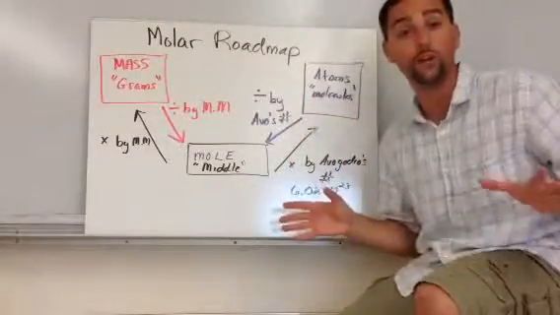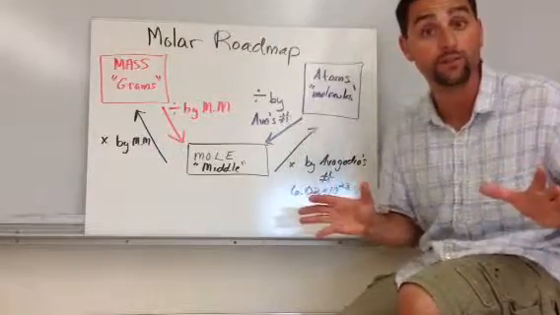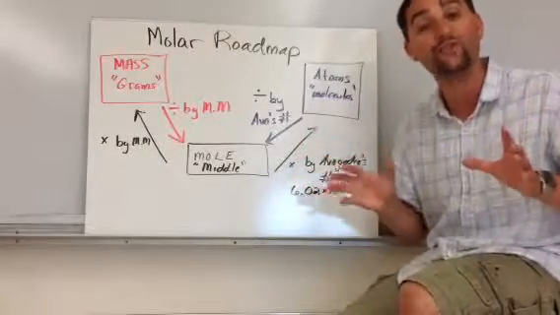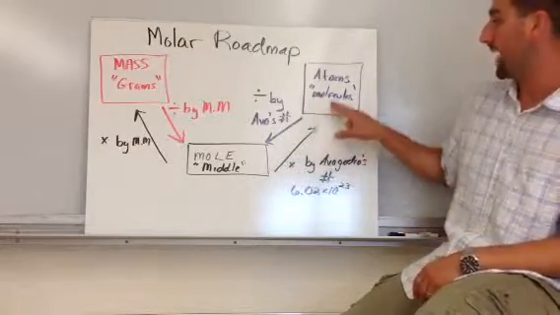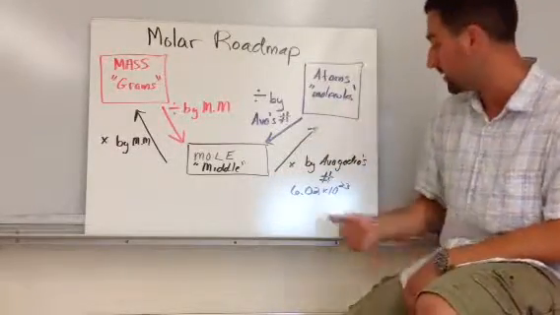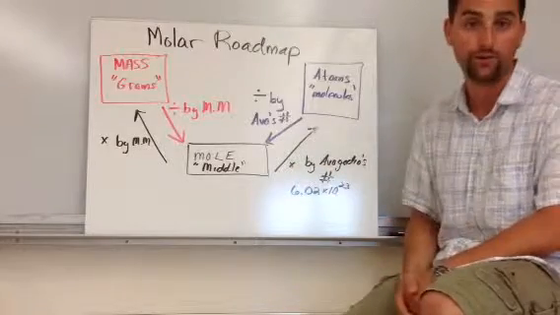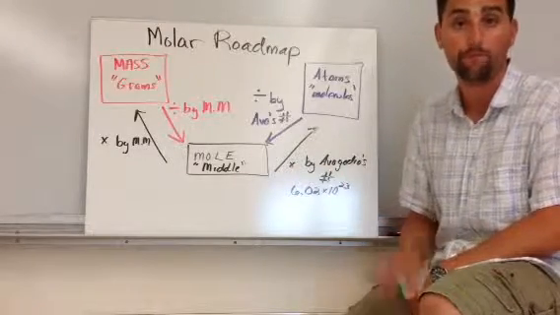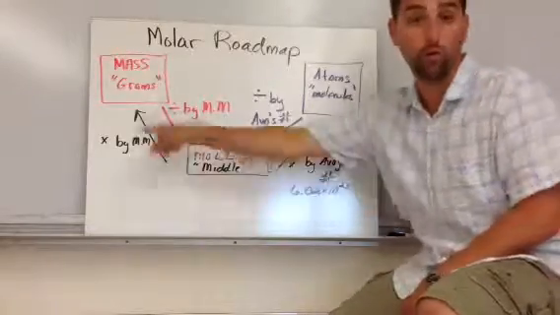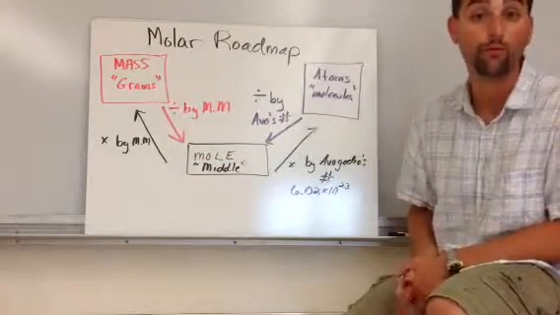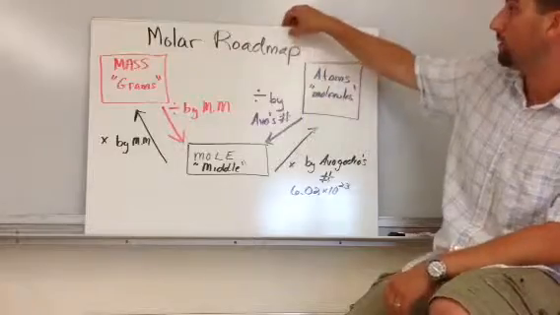And that goes for all substances, because all substances have Avogadro's number in 1 mole. And to go from moles to atoms or molecules, you multiply by Avogadro's number. Okay. A quick reminder, you always multiply out of the mole. Some kids find that helpful. Multiply out of the mole.